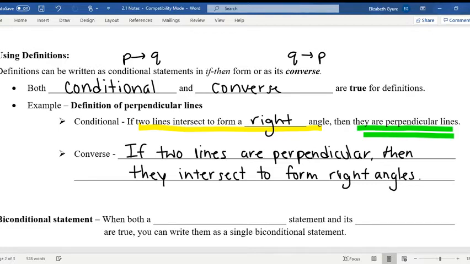And that would also work, right? If they're perpendicular, then they're going to intersect to form right angles. Also a true statement, just written the opposite way.